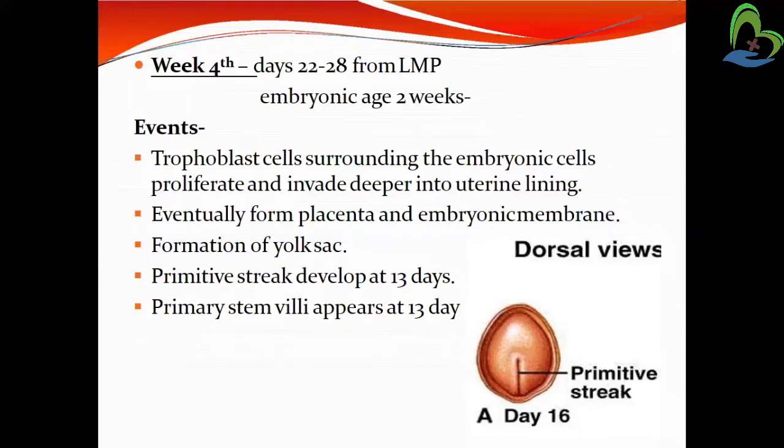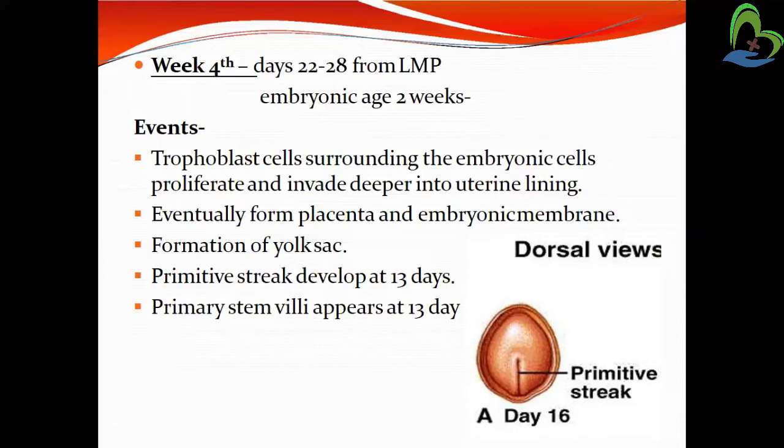We already discussed in the previous session that the trophoblast has two types of cells, one of which forms the placenta and the second forms the fetal membrane.